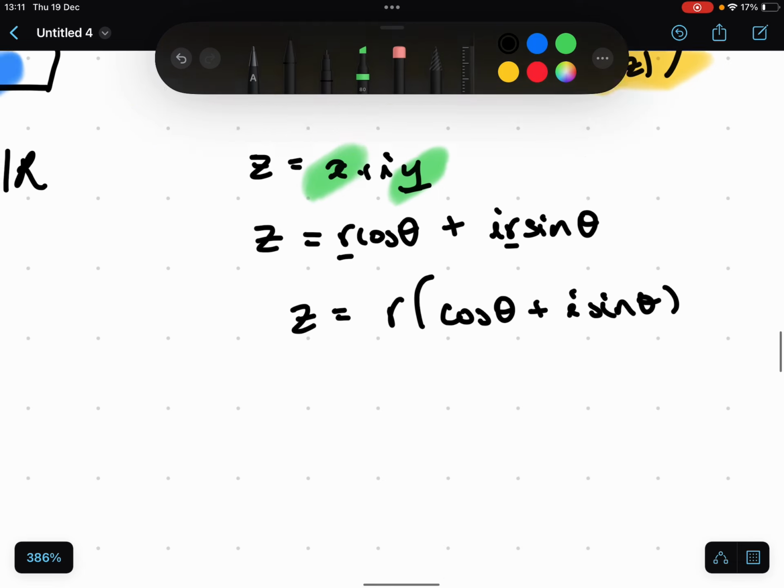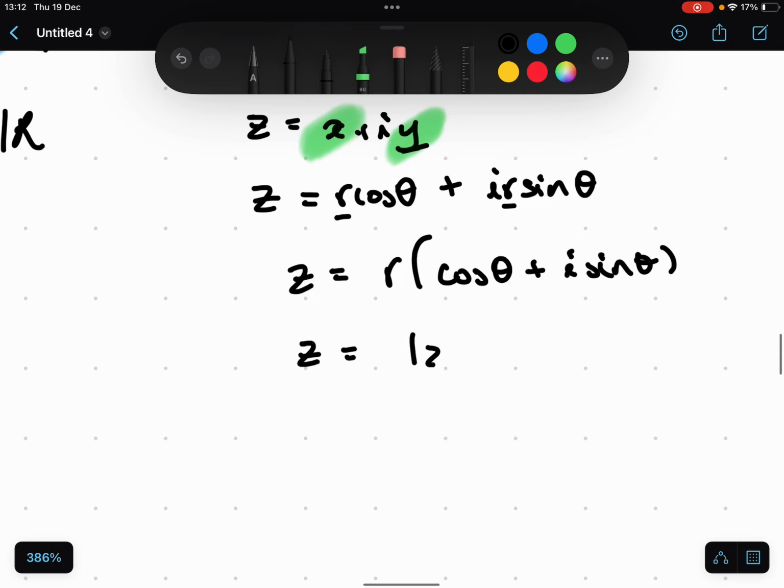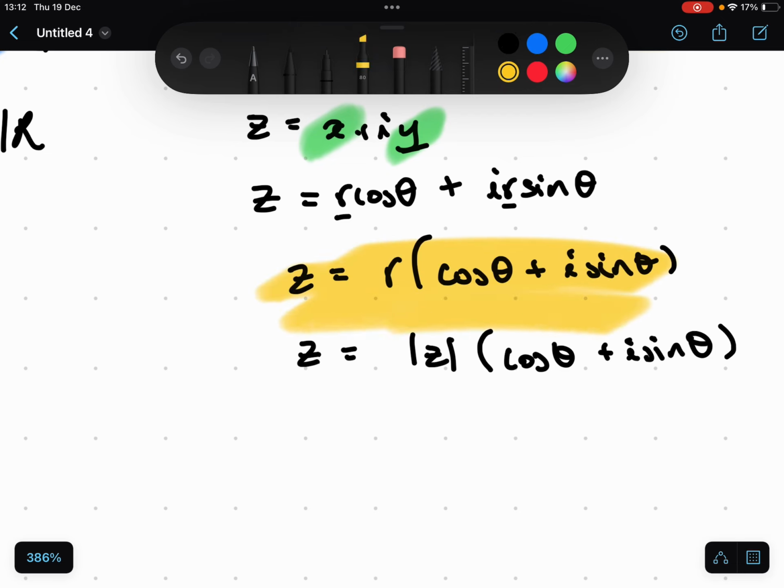Or, depending on the notation you want to use, you can say mod z, and then cosine of theta plus i sine theta. It's up to you what you want to use, but the point is, this is important. And that's kind of where we got the complex number thing from.